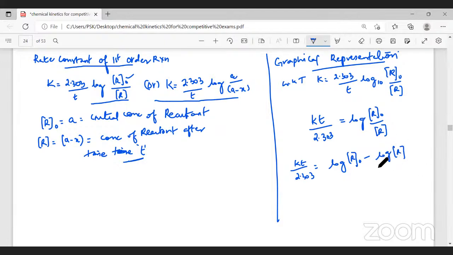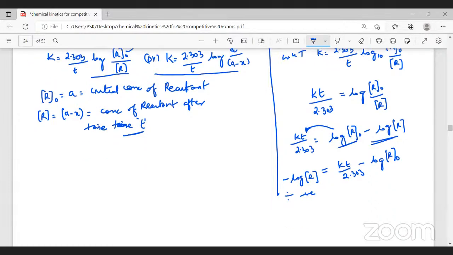So now we want the value for log R. If I take this value to the left-hand side, you get Kt by 2.303 minus log of R naught, and this minus log R remains the same. That is what I've written. So divide this equation by a negative sign.